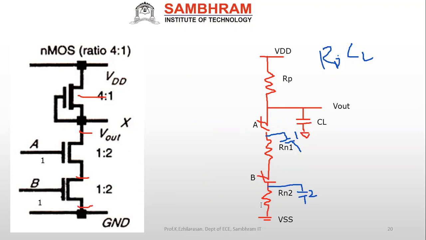If both the transistors are on, now it will look like what? Your final diagram will be, because this will get charged, right? Leave this portion, RP portion now. What will happen now? This will become like this.